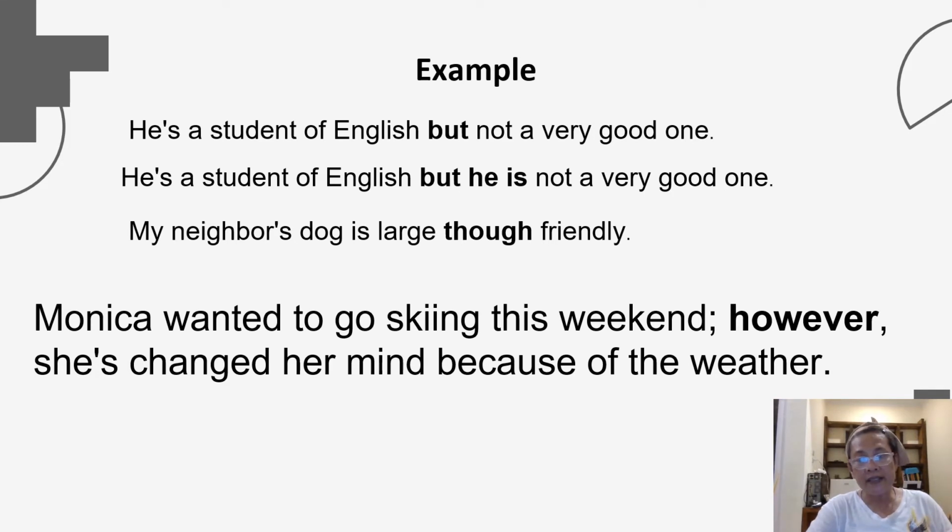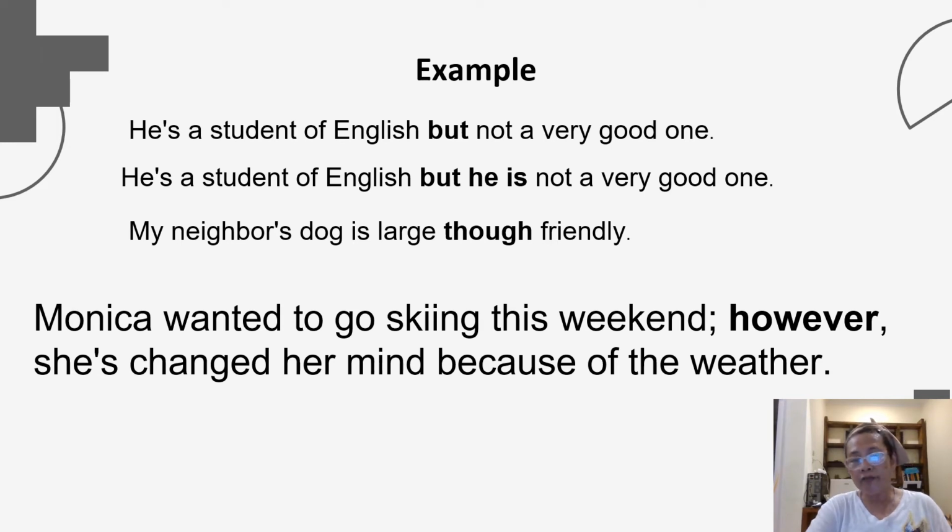Now let's see the third sentence. My neighbor's dog is large, though friendly. Large itu disandingkan dengan friendly. So this actually you are using adjective and adjective. Perhatikan kalimat berikutnya. Monica wanted to go skiing this weekend. However, she's changed her mind because of the weather.